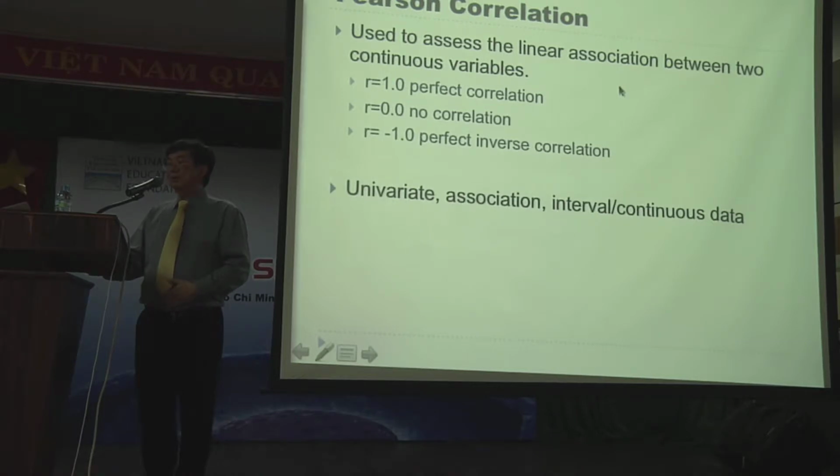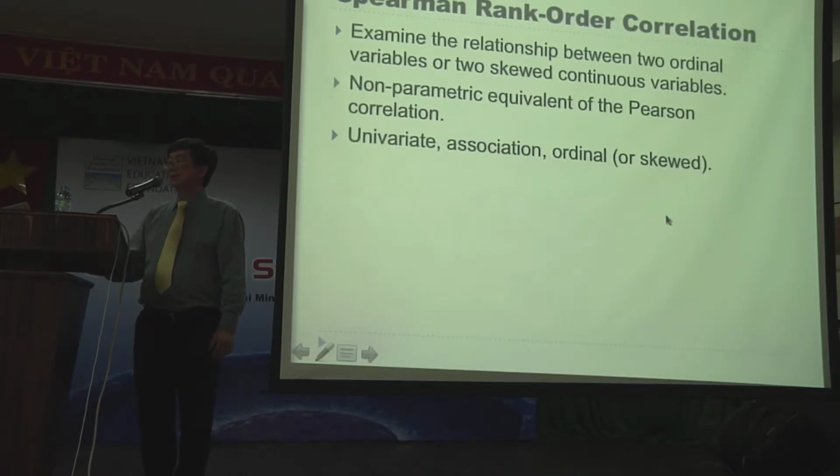To assess this type of relationship, which assumes a linear association between two continuous variables, the Pearson correlation test can be run. This is a univariate test that addresses association and deals with continuous data.